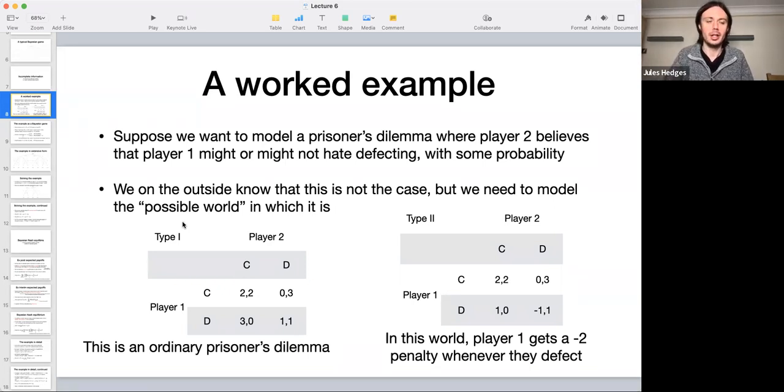If you remember, payoffs depend on the moves of all players and the types of all players, so to completely specify the payoffs in this game, we have to give essentially two copies of the payoff matrix of prisoner's dilemma, one where player 1 has type 1, and that's the ordinary prisoner's dilemma, and then one where player 1 has type 2, where whenever player 1 defects, I've subtracted 2 from player 1's payoffs, and this models that they hate defecting.